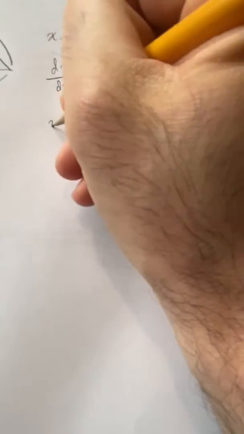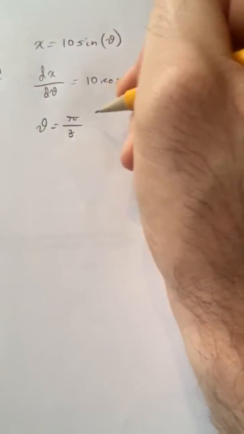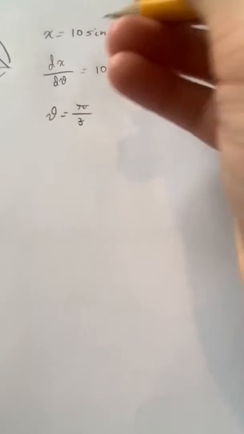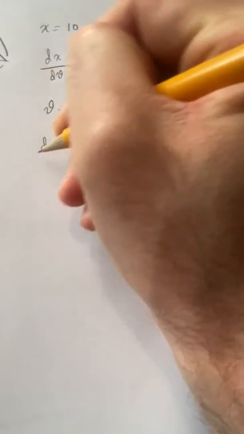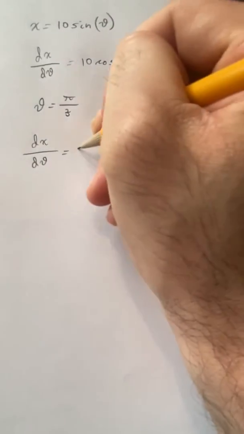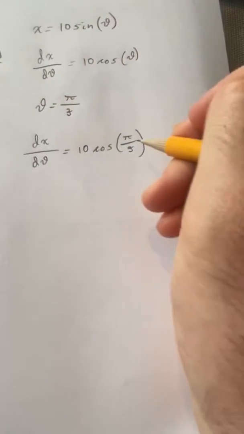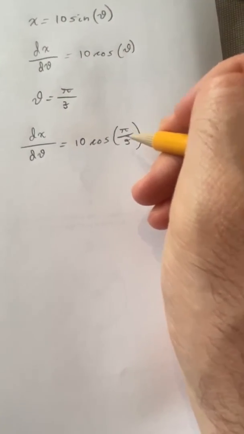And if we want to know the rate at which it's changing when theta equals pi over 3, all we have to do is plug pi over 3 into this equation. So dx over d theta equals 10 times the cosine of pi over 3. And remember that the cosine of pi over 3 is 0.5, or a half.